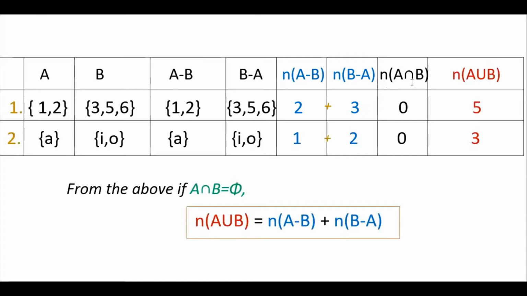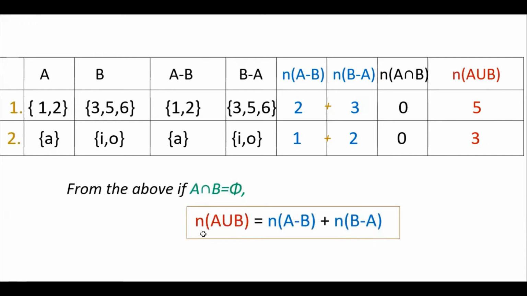And n(A intersection B) is 0. And n(A union B) is 5, since A union B is 1, 2, 3, 5, 6. And in the second example, n(A minus B) and n(B minus A) are 1 and 2, and n(A intersection B) is 0. So here 2 plus 3 is 5 and 1 plus 2 is 3.